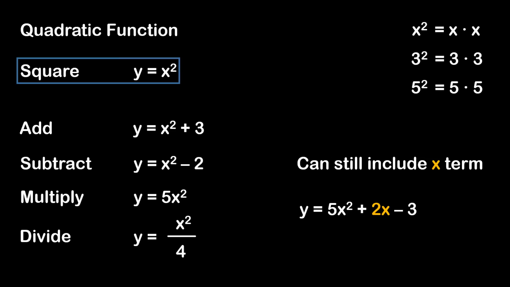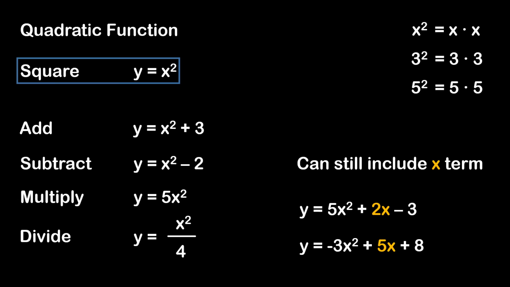In this case, we're including 2x. Then y is equal to negative 3x squared plus 5x plus 8, again, is a quadratic function. In this case, we're multiplying x squared by negative 3 and adding 8, so we're using the operations of multiplication and addition. And we're including an x term. In this case, we're including 5x.